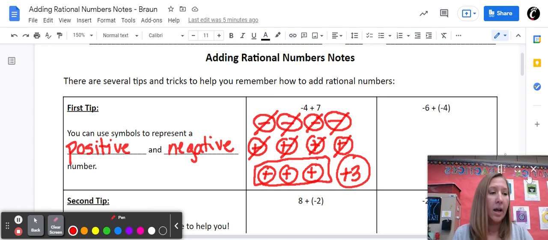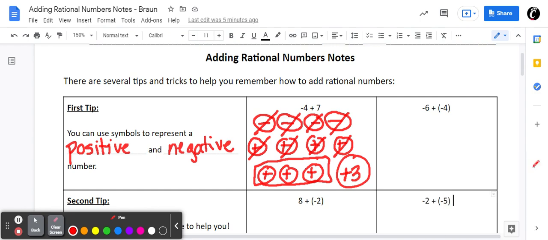Okay. Now I can do the same thing. I'm going to lose my video here so you guys have more space to see. I'm going to do the same thing with this one. Now I start with 6 negative chips. So I'm going to make my 6 negative. 1, 2, 3, 4, 5, 6 negative. And then I'm adding to that 4 negative.